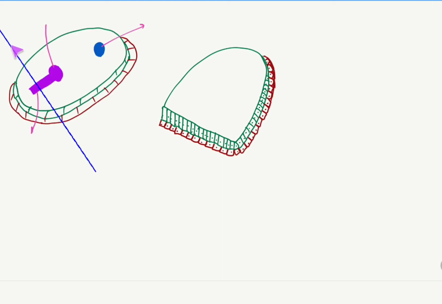As I already said, when we make a cut section here, we will observe some cells from the center of the primitive streak coming down. I'll show that in this diagram.